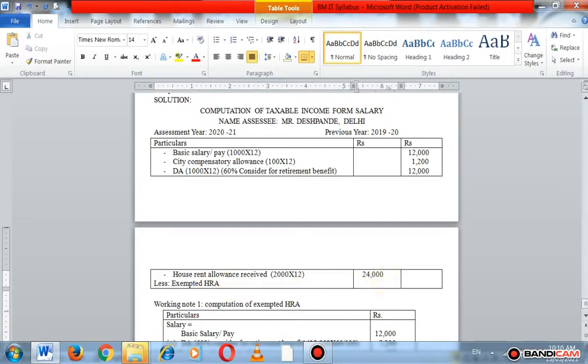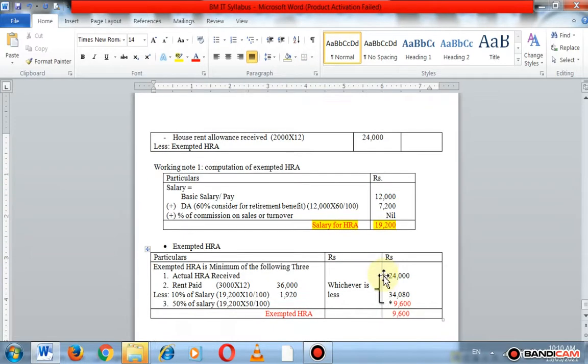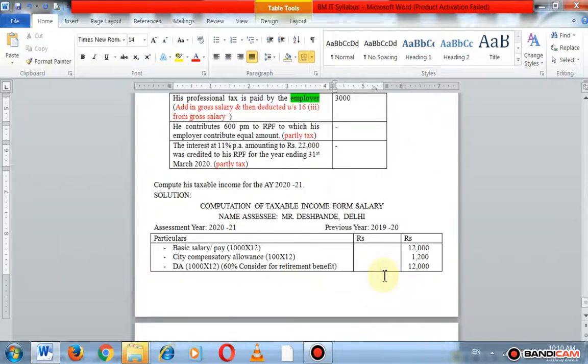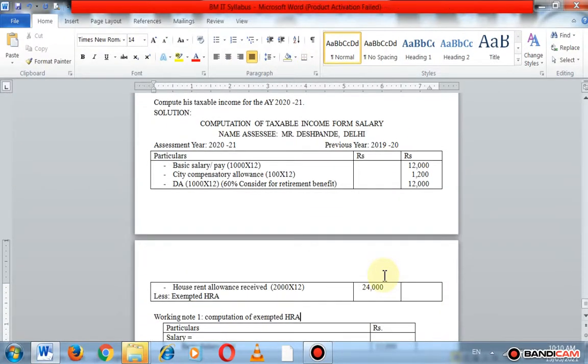So 24,000 minus 9,600. Here taxable HRA is 14,400.